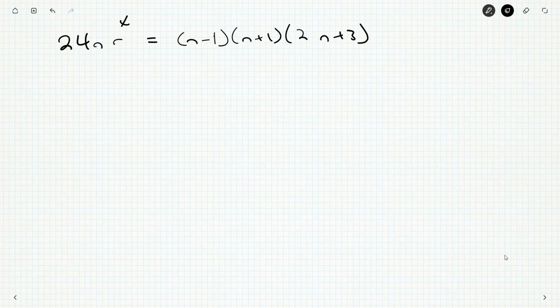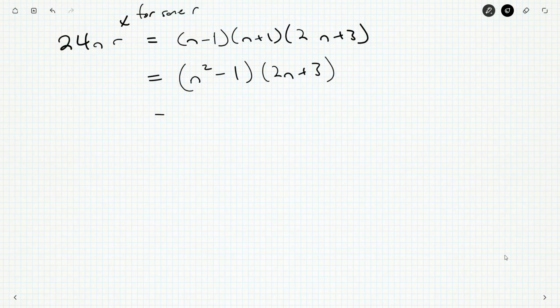I mean, this is, by the way, for some integer r, but what can we do from here? Is there anything we can or should do from here? So here's an n. I suppose if I expand this out, I'm noticing difference of squares here. Yeah, I don't think this is going to go anywhere.